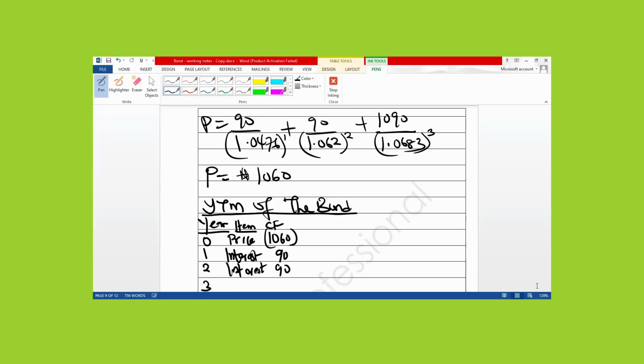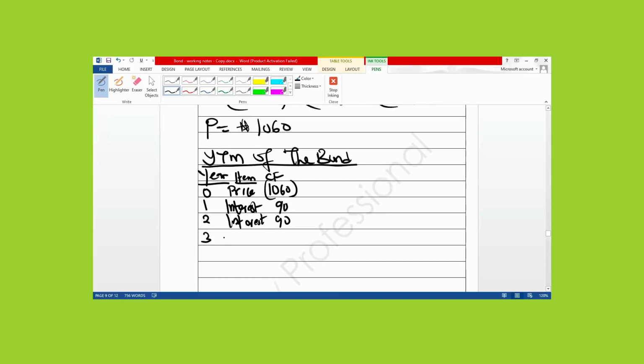In year 3, I'm going to get the interest plus redemption, 1090. Now get the internal rate of return of this cash flow.